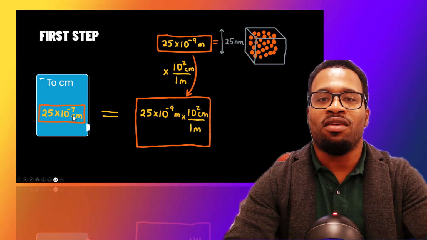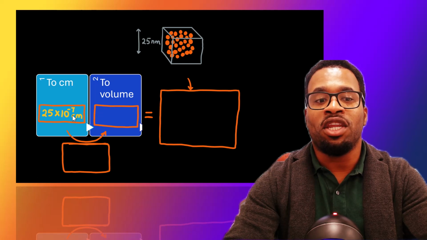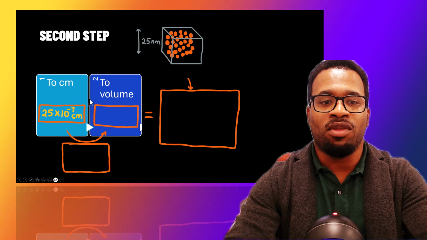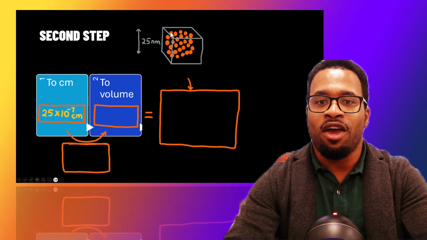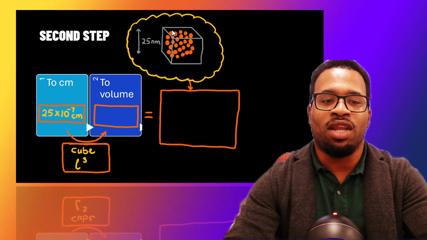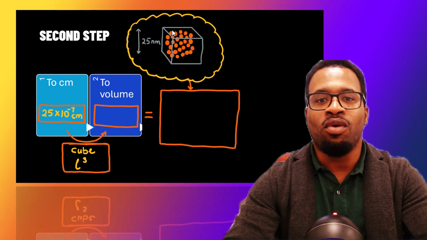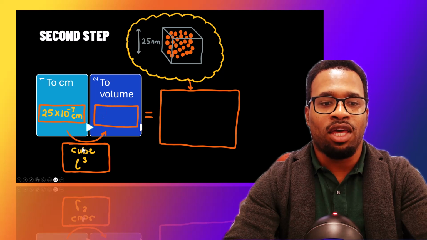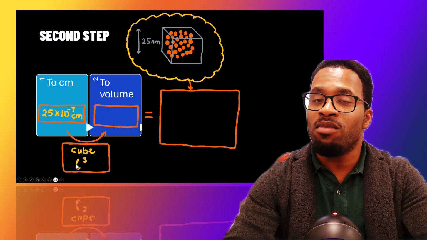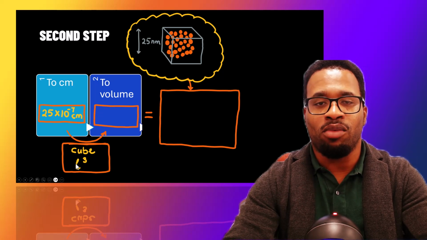Once we have this answer, it is going to be needed to get to step 2, which is to determine the volume of this entire object. Based on the question, it is a cubic crystal. That means we have a cube as the 3D shape, and the formula is length cubed.